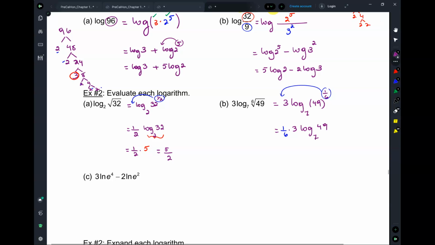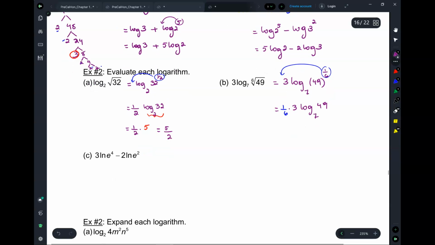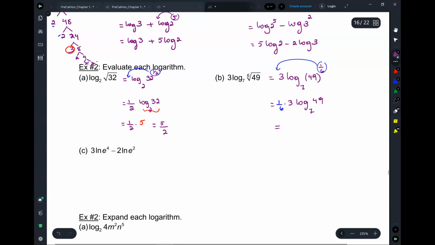Now, this is a lot of stuff. But you know what? We divide and conquer, do bit by bit. So first of all, do what you know. I know 1/6 times 3 is what? 1/2 times. And how much is this? Right, so the exponent is 2. So that means that's 1.